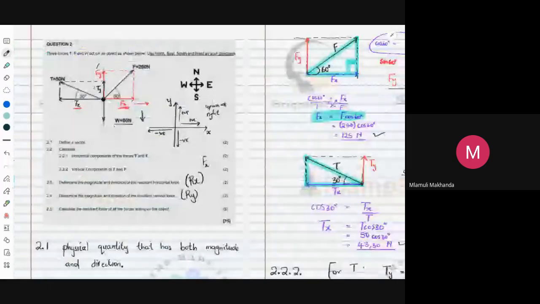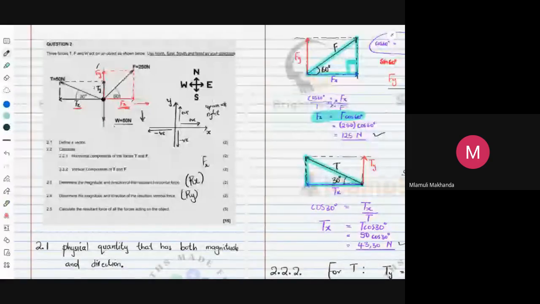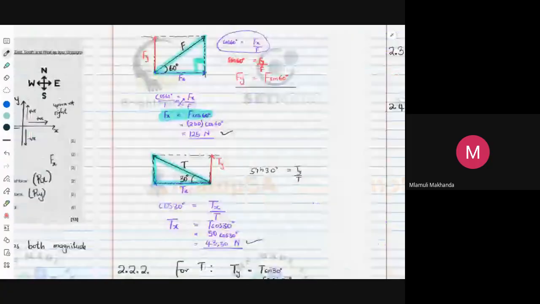It has taken too long. So now we have 2.5: calculate the resultant force of all the forces acting on the object. Now we can find the resultant force.